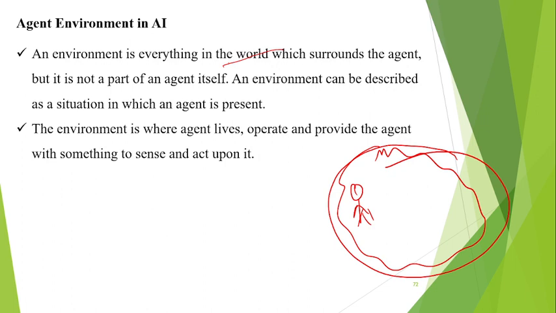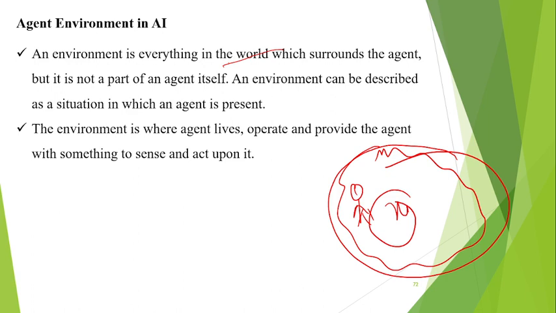For example, you are in your home. Home is your environment, and you are in that environment, able to perform different tasks in your home. We call you an agent. If X is in this home, the home becomes an environment for him, and he can perform all the tasks related to that environment.